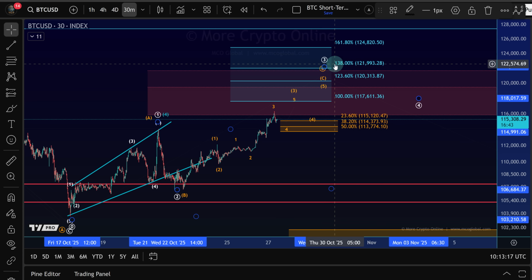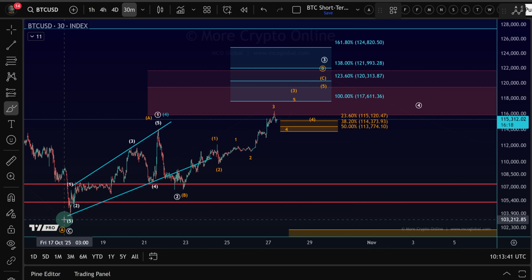So let's see if we can actually get there. The micro support area that can get us there is 113,774. This is the very first support area on the chart here. A break below can lead to a test of these previous swing lows, but this is the Fib support area that needs to hold to keep this impulse alive, because it seems like we're moving in a local impulse.